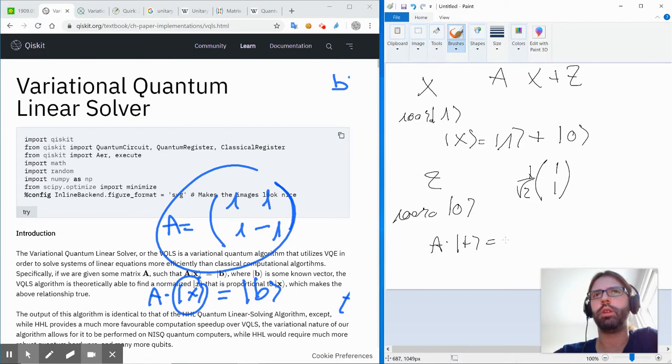So B was like 4 times 0, right? So B was like 4, 0. That's the problem. I don't know what to do with these constants.